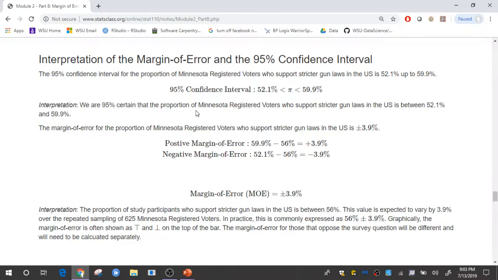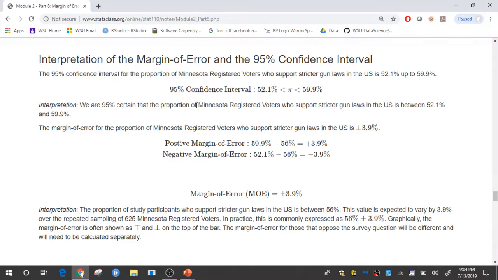So let's go ahead and interpret the confidence interval and the margin of error as well. The 95% confidence interval for the proportion of Minnesota voters who would support stricter gun laws is 52.1% up to 59.9%. We usually express that here, as I have on the screen. The interpretation here is that we are 95% certain that the proportion of Minnesota registered voters who support stricter gun laws in the United States is between 52.1% and 59.9%.